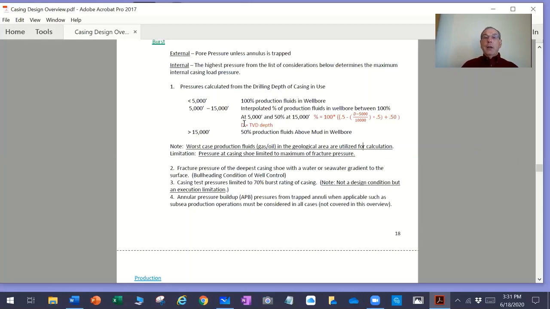But then you could compare it to what the load would be if you did it with number 2. Based on number 1, you might have the case where you're drilling the well to, let's say, 20,000 feet, and a string of casing is being designed with a fluid level of 50%.